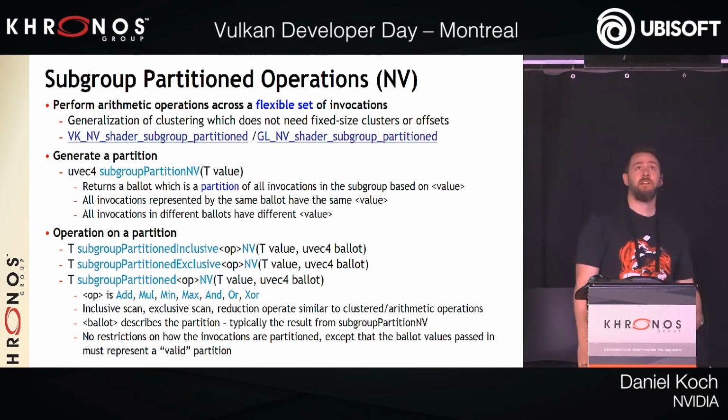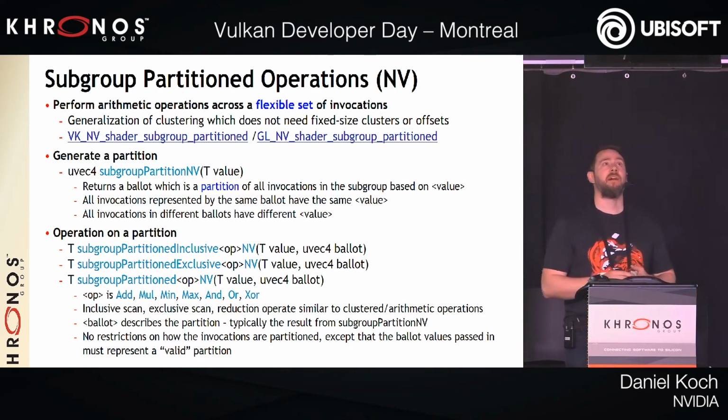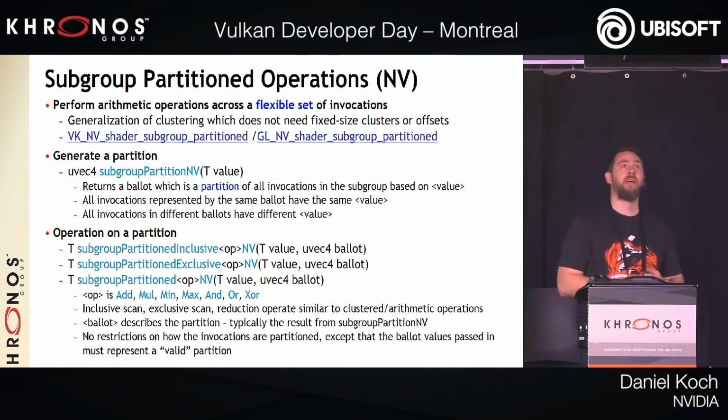You can do partitioned inclusive and exclusive operations, and partitioned reductions as well. So the same set of 8 operations: add, mul, min, max, and, or, XOR. Those let you do inclusive, exclusive, and reduction operations as before.